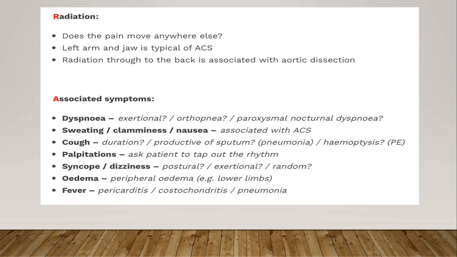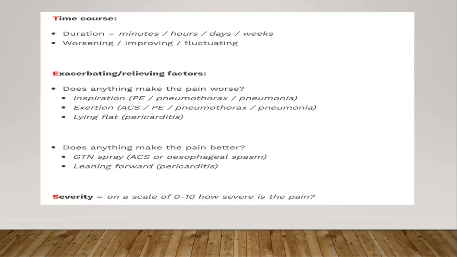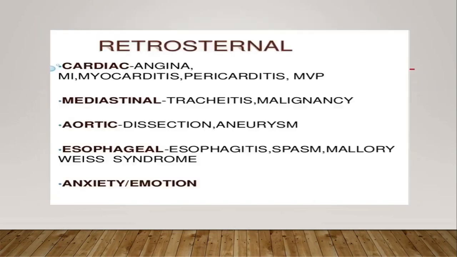Peripheral edema is also important, and fever in case of pericarditis, osteochondritis, and pneumonia. The time, duration in minutes, hours, days, weeks, worsening, relieving or aggravating factors, and the severity.